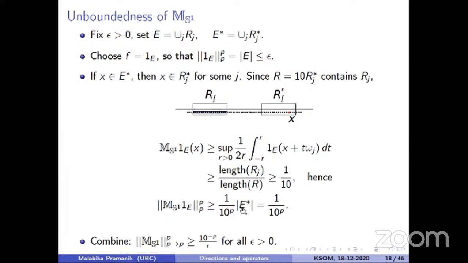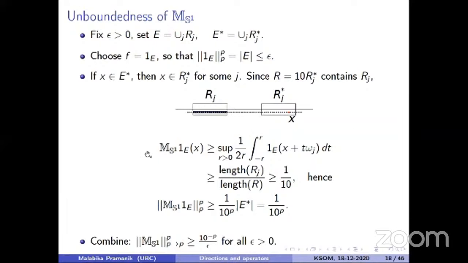Since E star has Lebesgue measure 1, this means that the LP norm of the maximal function is bounded below by a fixed constant as well. Thus, the ratio of the pth power of the LP norms of the output and the input functions is bounded from below by a constant multiple of epsilon inverse, which blows up as epsilon goes to 0.